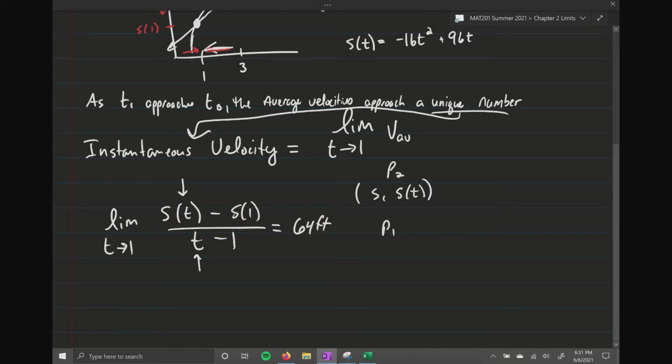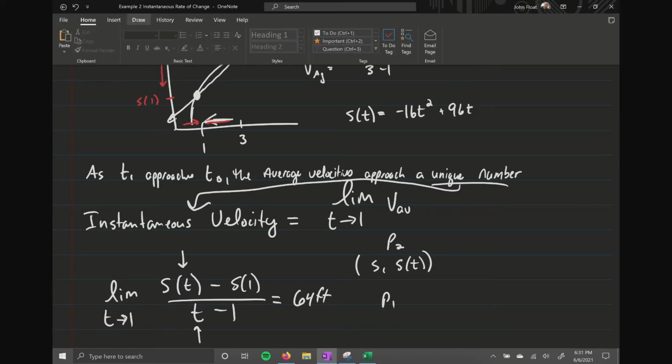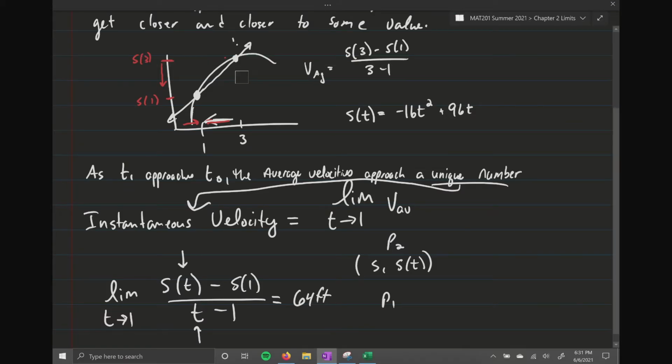So up top here on that graph, let me try to do this as neat as possible. I'm going to erase all this stuff here. We're going to have this going like this. I'm no longer concerned with S3 or T3. This is the point right here.